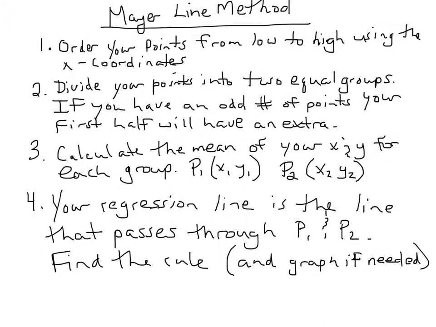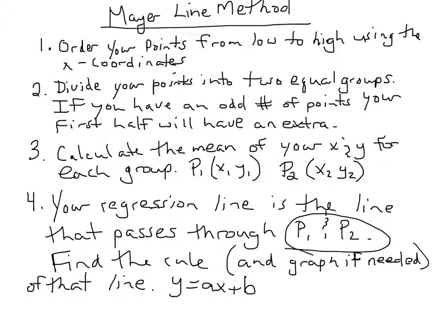Find the rule of that line, and graph if needed. So you're going to do y equals ax plus b for the line that passes through P1 and P2. You'll use those 2 points to calculate your a, and then you're going to find your b.